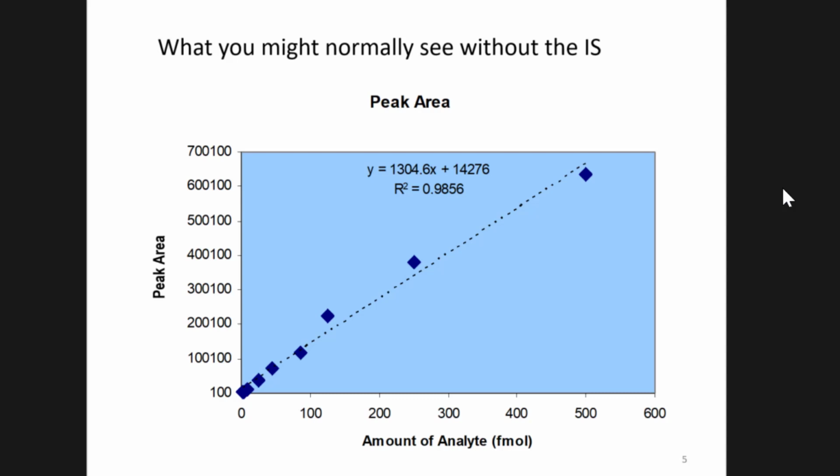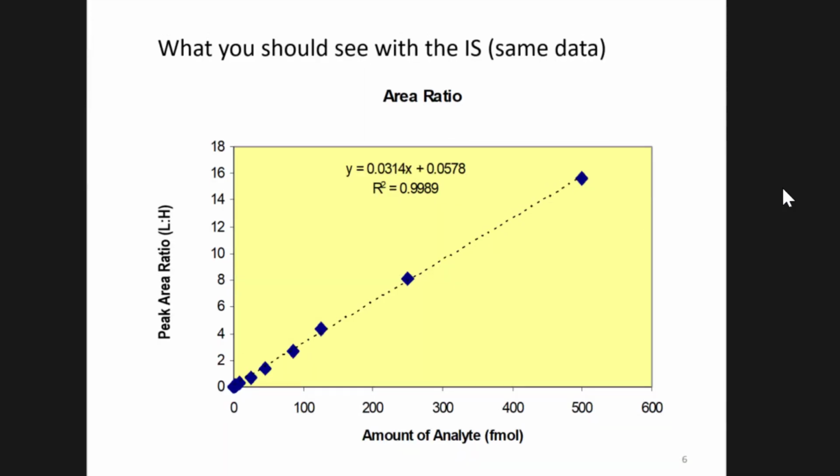And so this dotted line is a linear regression with the equation shown up there. If we take the same data, those peak areas from the analyte, and we normalize it to the internal standard that was in every sample, that's what it looks like. So all the data points, kind of like what happened yesterday with the IRT, everything gets normalized back, and now we have a much better looking linear relationship.